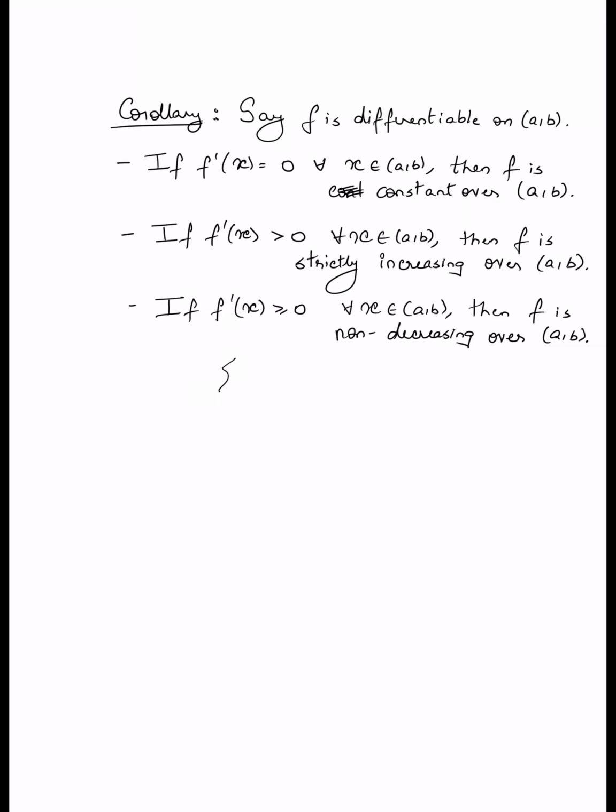Now, this corollary has been written with respect to the derivative being 0, positive and non-negative. You can write a similar statement, of course, for the derivative being negative and non-positive.